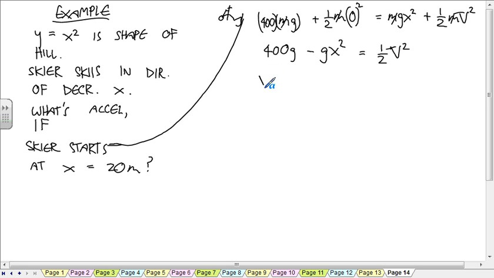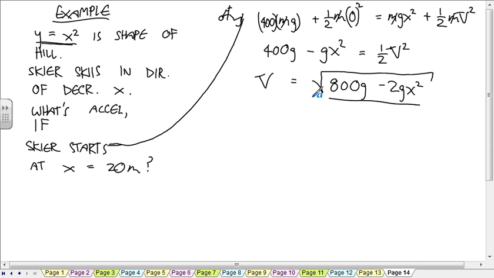So v is equal to the square root of 800g minus 2g x squared. Okay, so now we have a path defined by this, and we have a speed defined by this. Both of those are in terms of the parameter x.